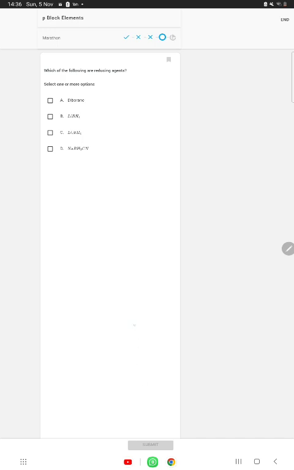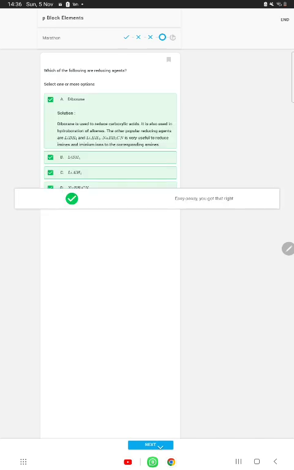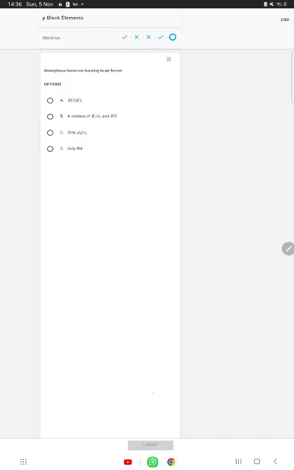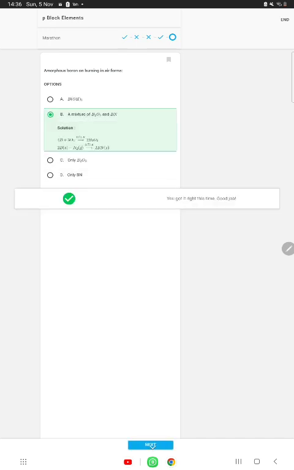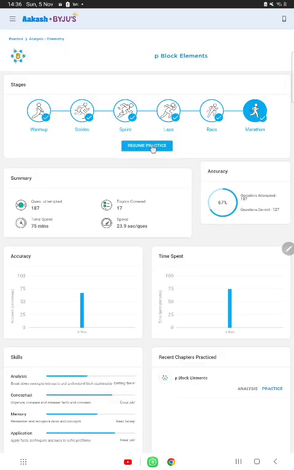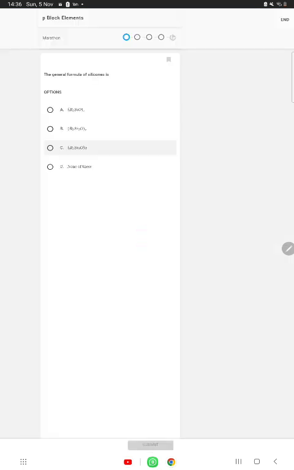Which of the following is reducing agent? Divalent. Amorphous boron, on burning it from the general formula of silicon, R2SiO.